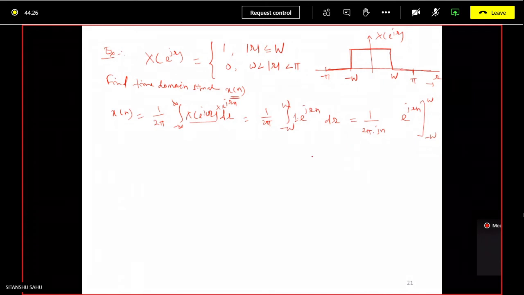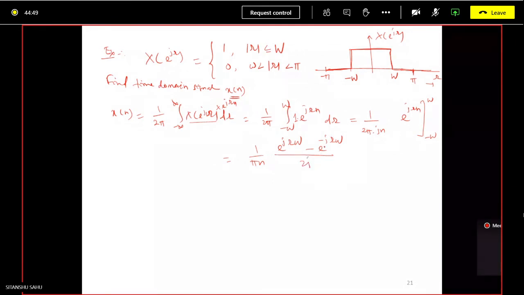Okay, and this one will be nothing but 1 upon pi n, e to the power j omega w minus e to the power minus j omega w, divided by 2j.